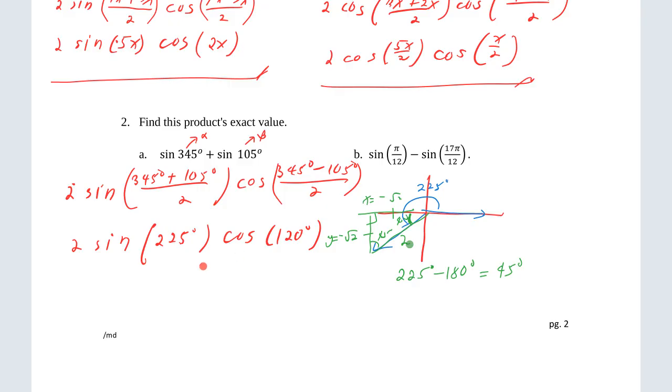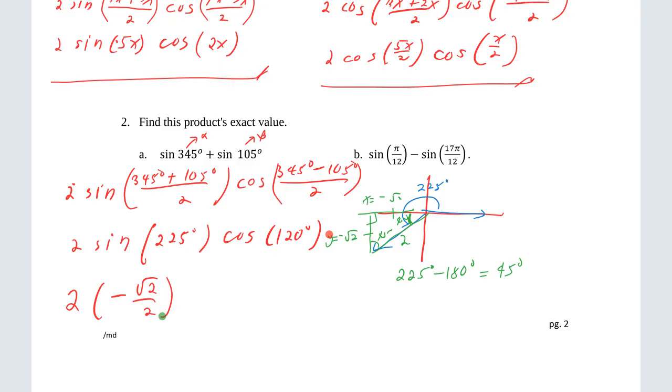Now if we are to evaluate sine 225 degrees, we can evaluate that through its reference angle, which is 45 degrees. By definition, sine is opposite over hypotenuse. So opposite is negative radical 2, divided by hypotenuse, which is 2. Let me replace that now. So now we have 2 times negative radical 2 over 2.